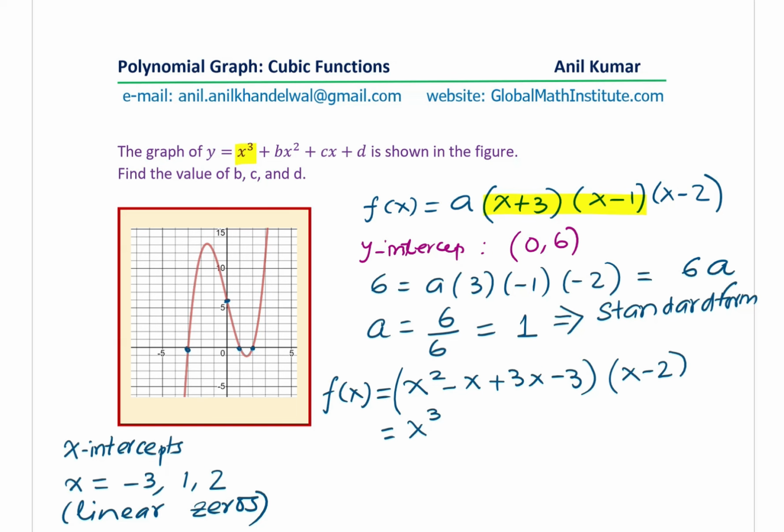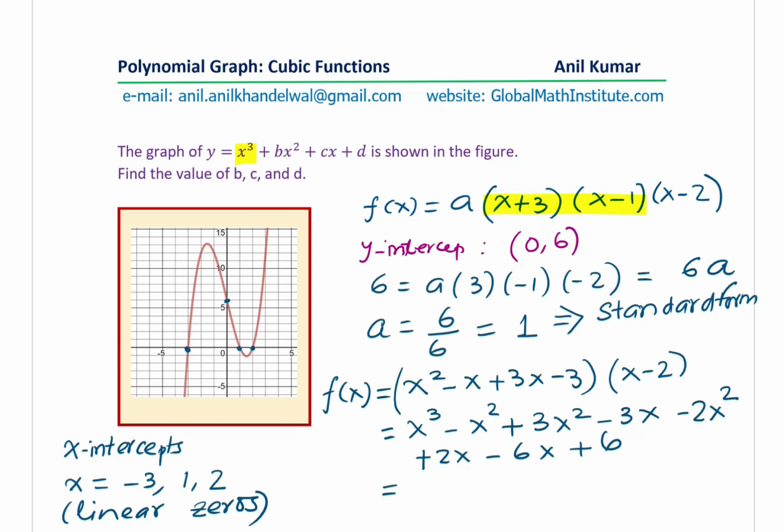So x cubed minus x squared plus 3x squared, minus 3x. It was better to combine though. I have limited space here, so I'm cutting down on steps. Multiplying by minus 2 gives me minus 2x squared, minus minus becomes plus 2x, and minus 6x plus 6.